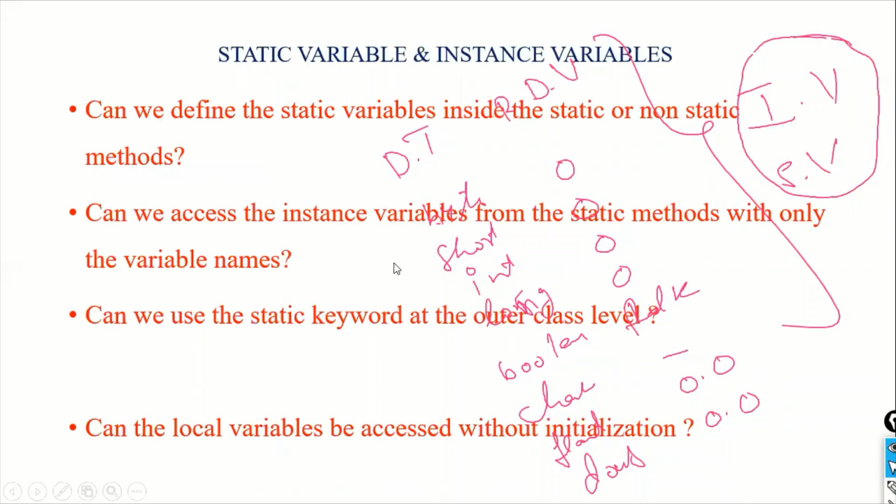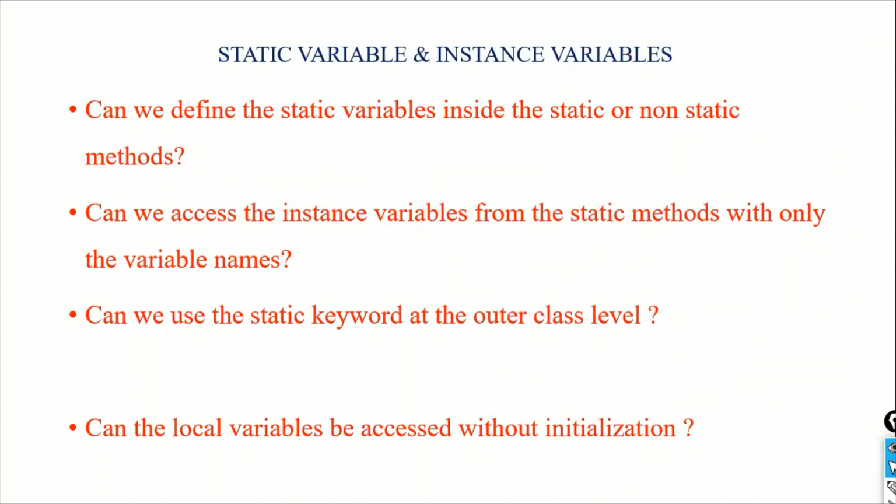So this is all about the variables: local variables, instance variables, and the static variables. Now let's look into a few questions about these static variables and instance variables. Can we define the static variables inside the static or non-static methods?